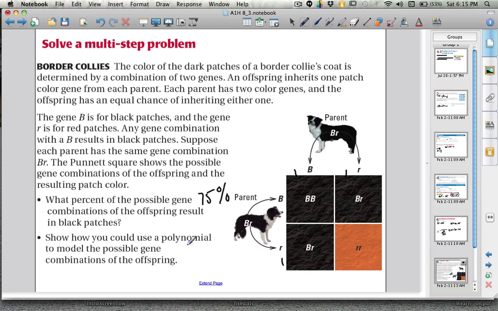And if we use a polynomial to model the possible gene combinations of the different offspring, we know we're going to have b squared plus 2br plus r squared as the possible gene combinations.